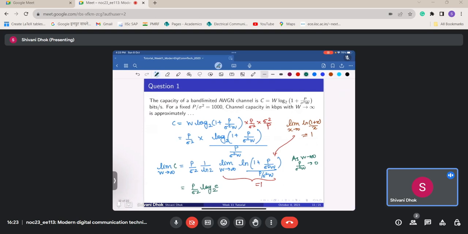Now log e to the base 2 is approximately 1.44, so this will be 1.44 into 10 raised to 3 bits per second, which is equal to 1.44 kilobits per second.